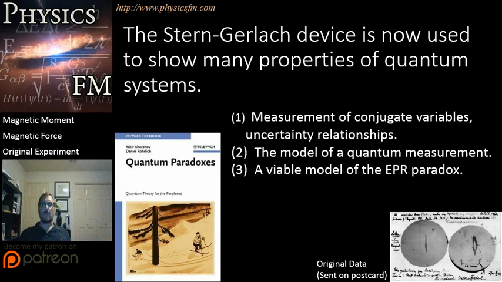I'm also reading a book right now about decoherence, quantum decoherence, and that uses the Stern-Gerlach experiment all over the place as well. Just talking about how decoherence works, which is another way to talk about what happens with quantum measurements. So if you're interested in any of these things, I think it's probably a good idea to have a good background on the Stern-Gerlach device.